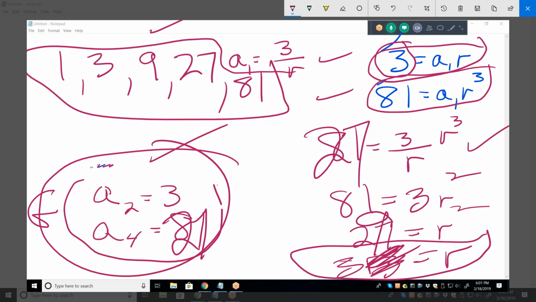I guess you could figure it out. You can have a sequence like that, and r would have been 3 root 3. That would have been a different sequence. It wasn't really the one I was thinking of.